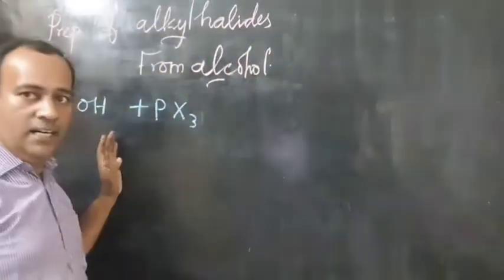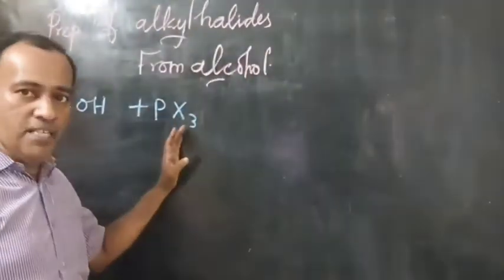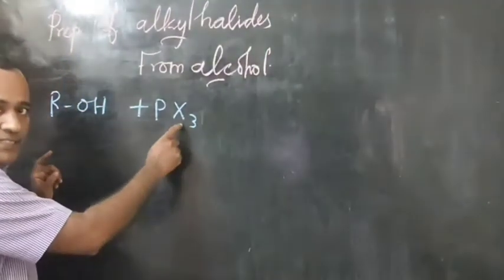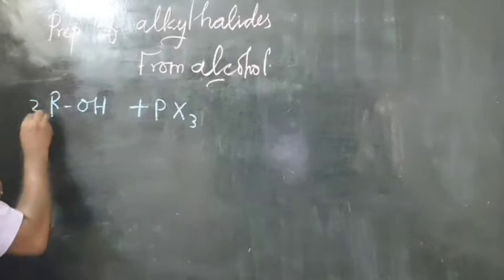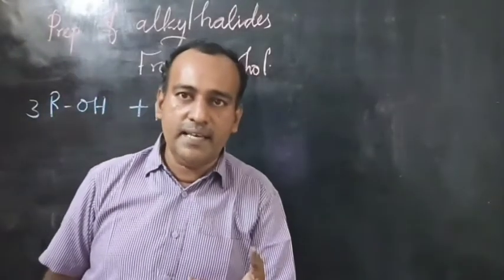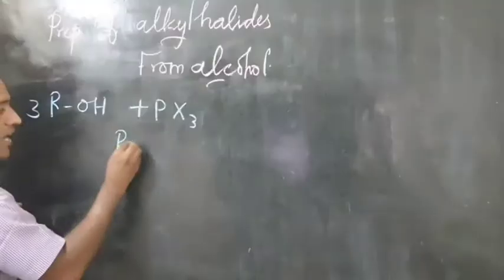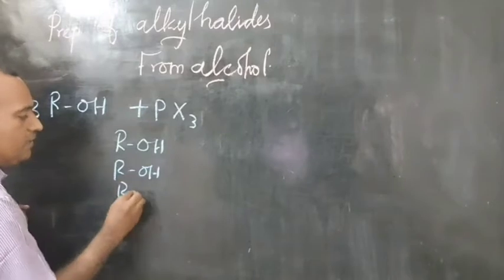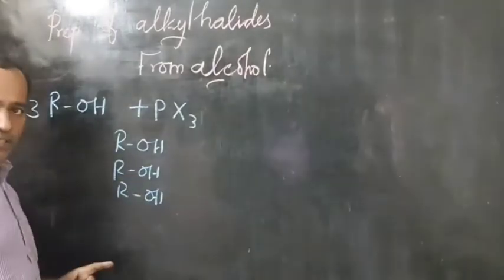When alcohol is treated with phosphorus trihalide, be careful, listen here. 3 molecules of alcohol react. ROH, another ROH, another ROH. There are 3 molecules of alcohol.